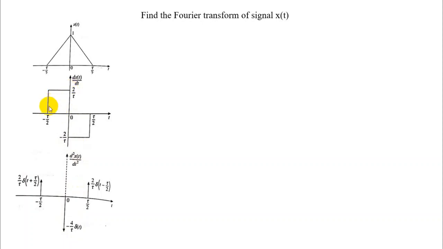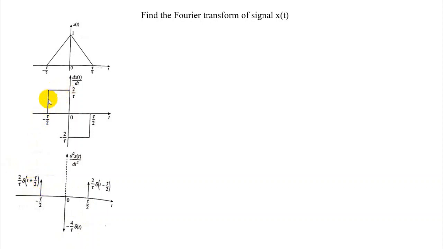So this portion can be represented after differentiating as a magnitude of minus 2/τ, and this portion can also be represented after differentiating as minus 2/τ. As at the same point two magnitudes are present, they can be represented by the summation of them. So the overall representation would be minus 4/τ. In the similar fashion, what would be the magnitude of that?